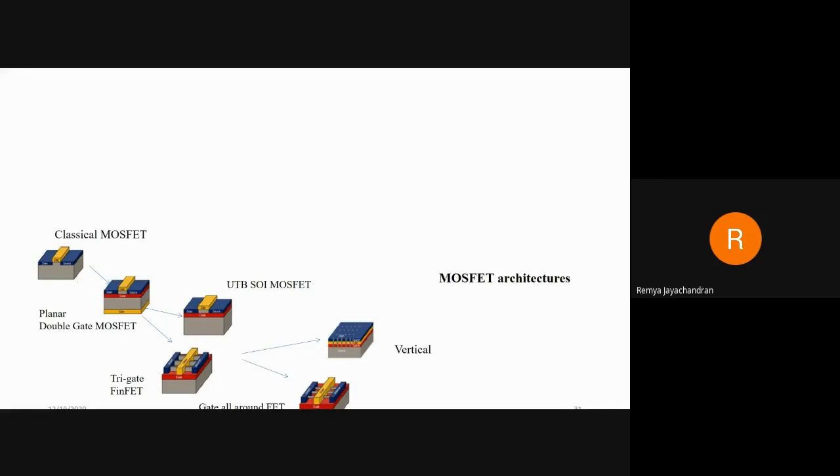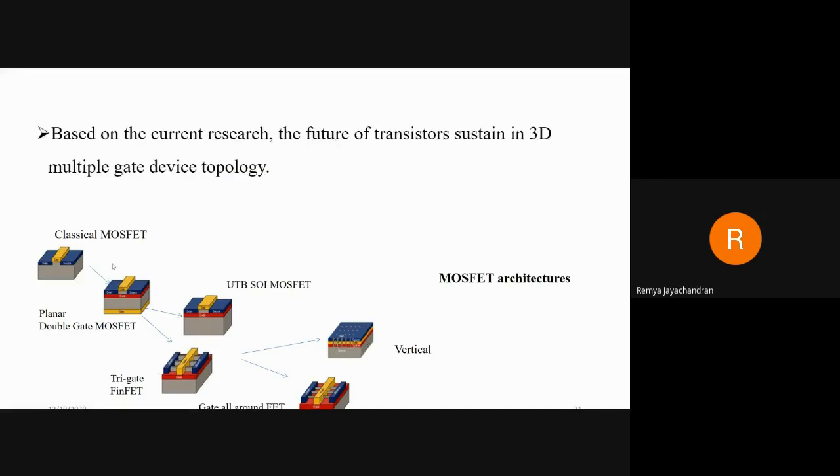Then the gate all around FET, where the gate wraps around the channel, in the lateral, that is horizontal form, and the vertical form, that is the nanowires. Based on current research, the future of the transistor lies in 3D multiple gate device topology, and Intel has developed 7 nanometer technology node processors using FinFET technology. Now, the conventional MOSFET is replaced by these multiple gate devices.